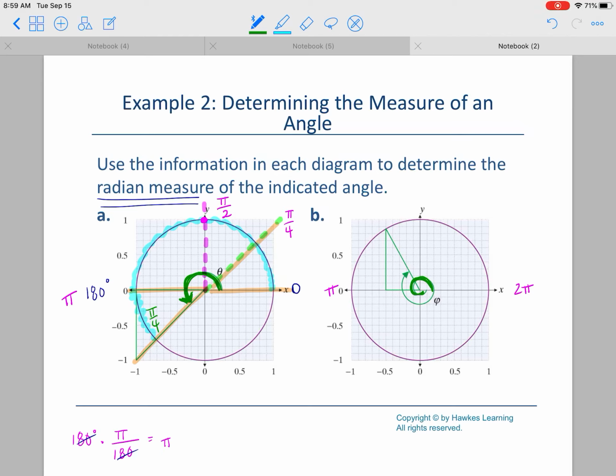That's a whole 2 pi. Plus then I've gone another halfway around my circle. And then I've gone this much. Now that is not pi over 4. This part right here is actually pi over 3.